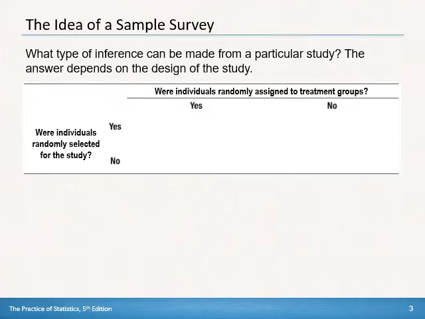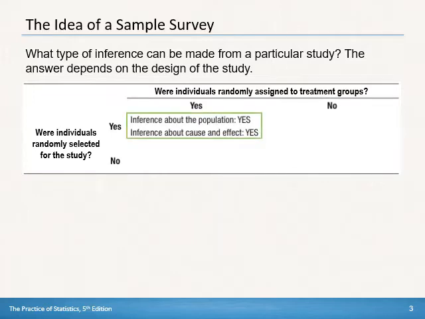So the best and ideal place to be is in that top left corner. So we would answer yes to both those questions. Yes, it was a randomized experiment, and yes, the people were randomly chosen for the study. Now, the problem is, I say people, almost never can we do this. With people anyway.